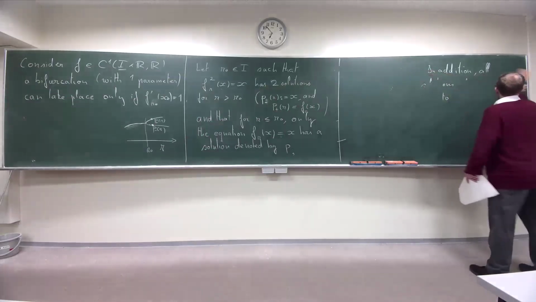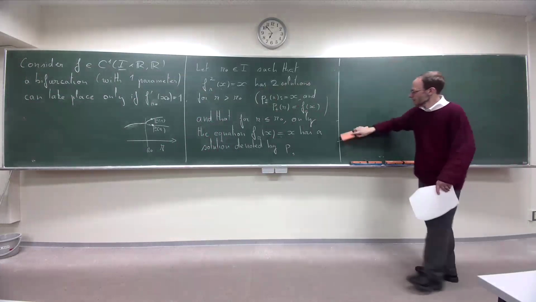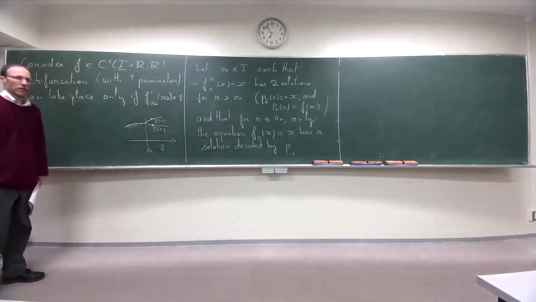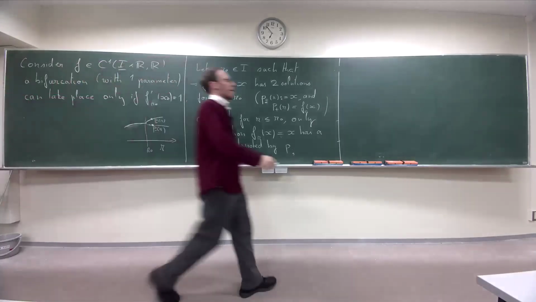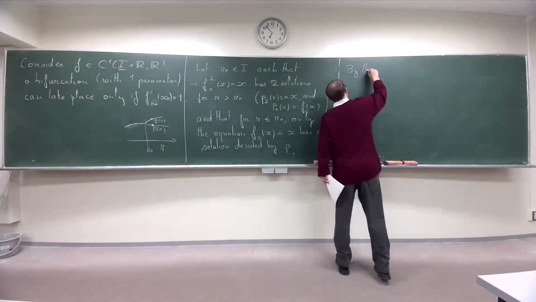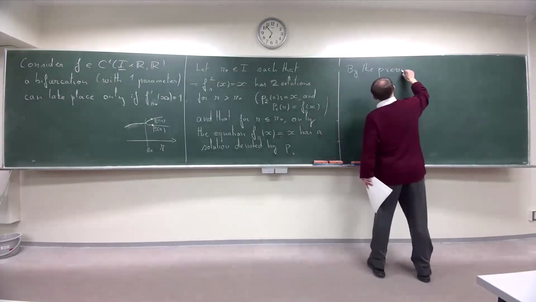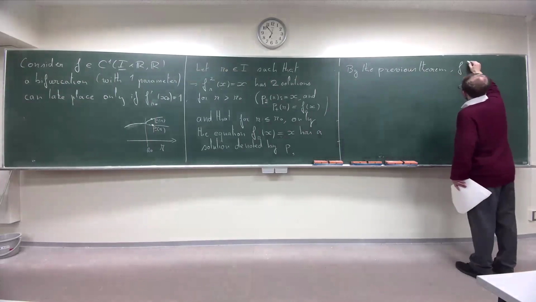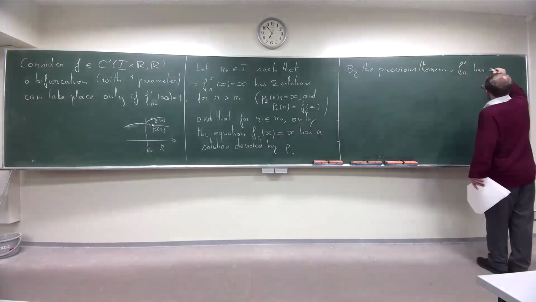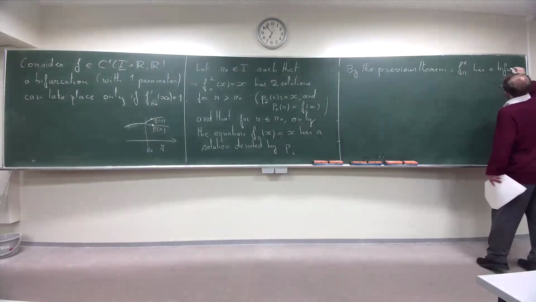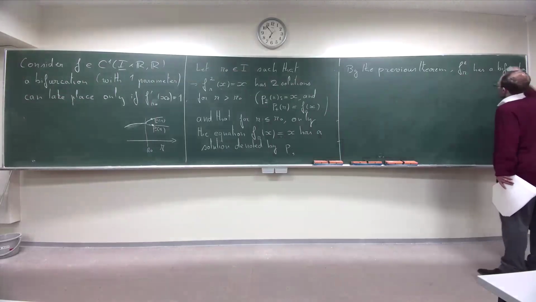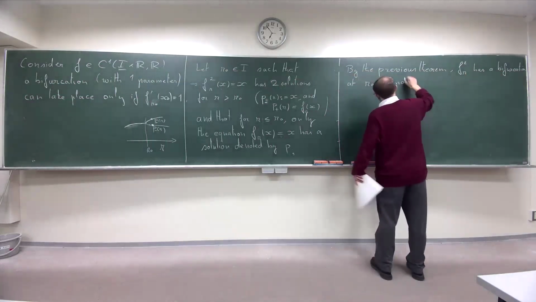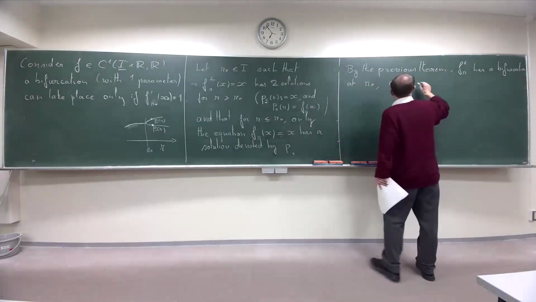So from the theorem I mentioned before, this function f squared has a bifurcation. By the previous theorem, f squared has a bifurcation at R0, because nothing happened on the left and something happened on the right.